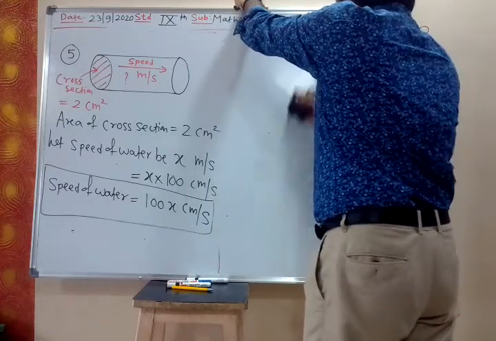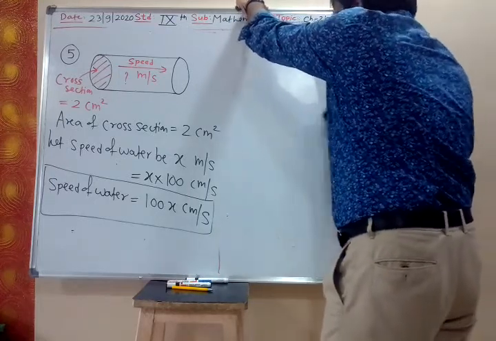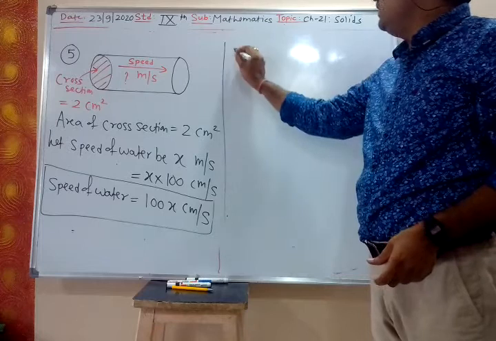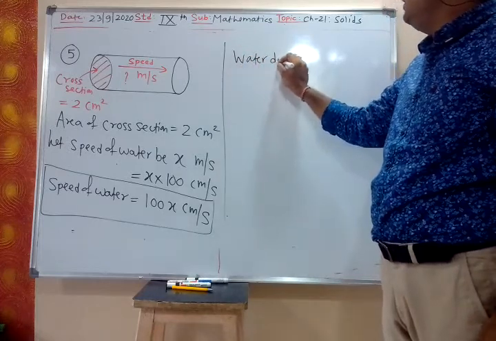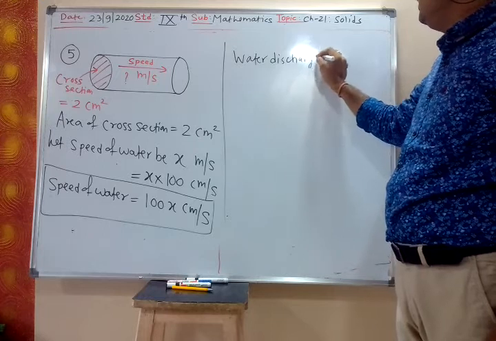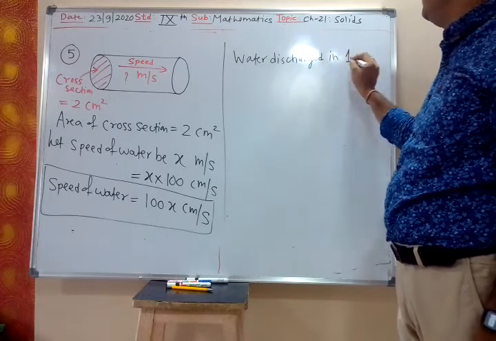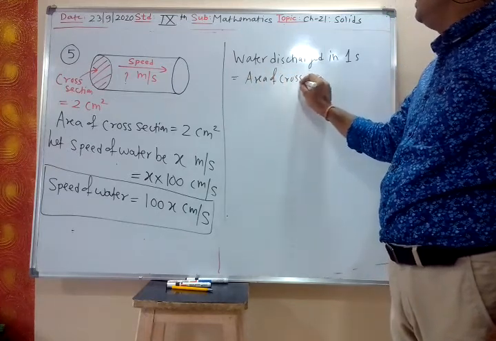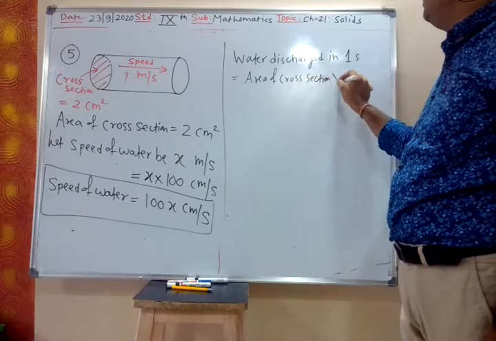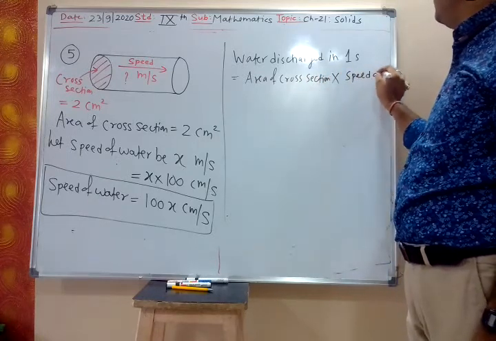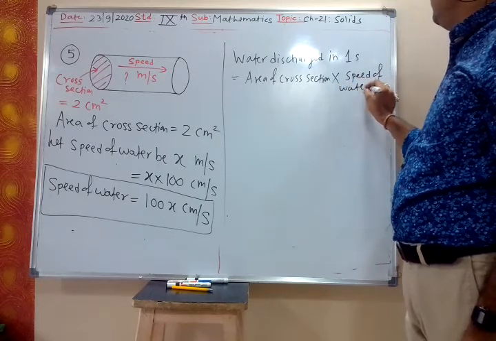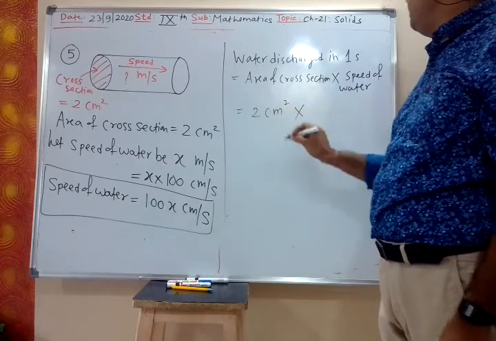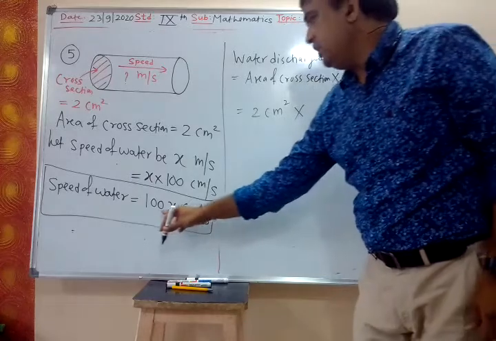Water discharge in 1 second will be area of cross section multiplied by speed of water. So area of cross section is 2 centimeter square multiplied by speed of water. What is speed of water? 100x.